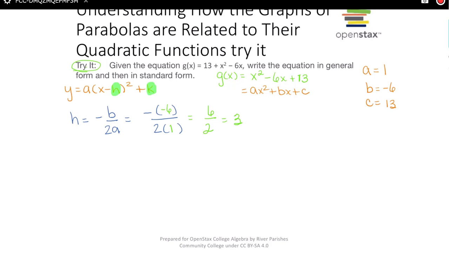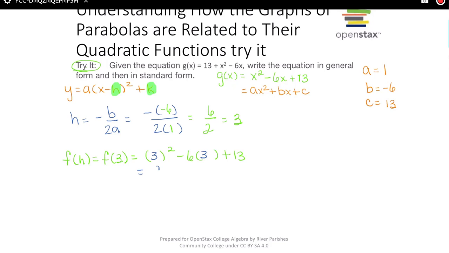Now that we have 3, that's our h, we can substitute that into the function. We're going to find the function at h, and h is really 3. So we're going to redo the function, which was x squared minus 6x plus 13, and sub in 3 everywhere we saw an x, and simplify.